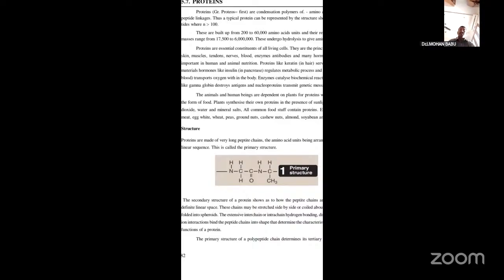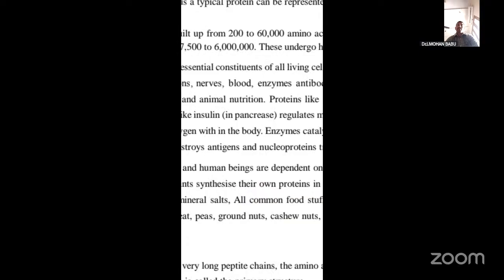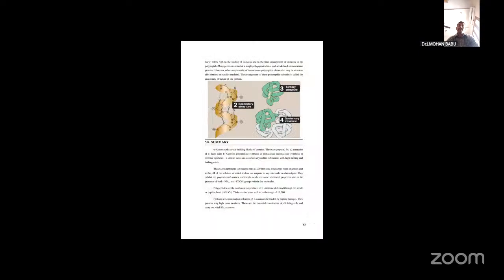Going further, where the complexity is increasing, the secondary structure is somewhat more complex than the primary structure, and the tertiary structure is highly complex, and its molecular weight will be huge.